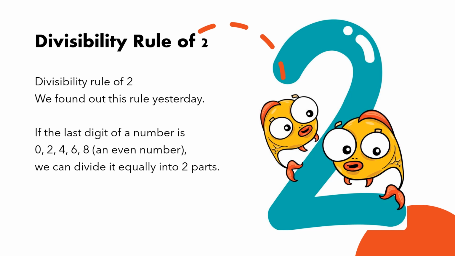You can take a look at that lesson to understand how we found the rules of divisibility for 2. So what is the rule of divisibility? If the last digit of a number is 0, 2, 4, 6 or 8, that is, it is an even number, we can divide it equally into 2 parts.